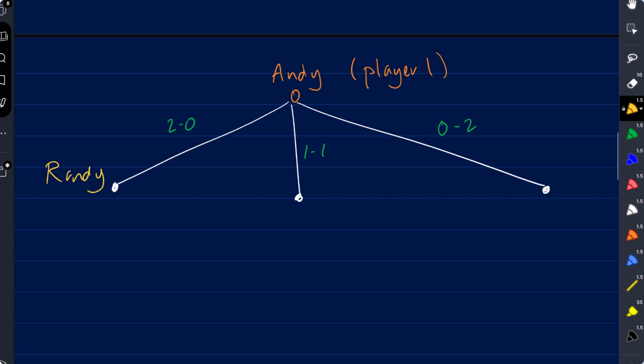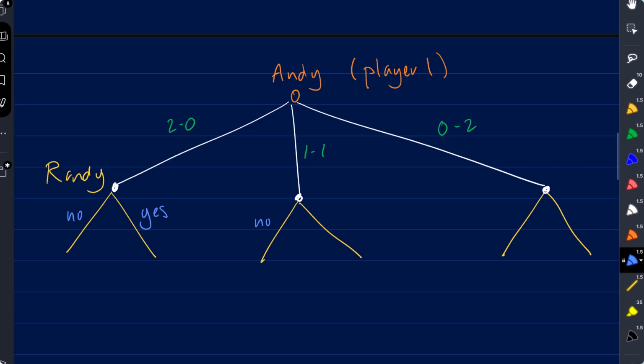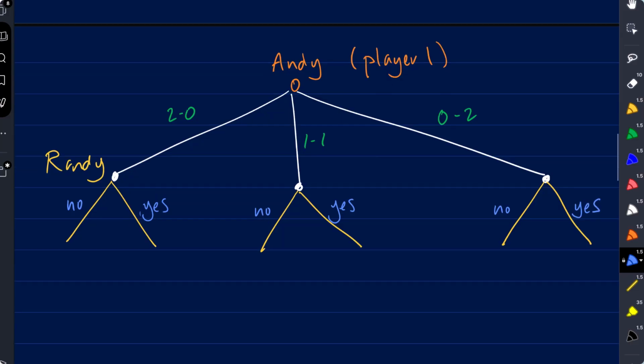Then after Andy has acted, Randy gets to make a decision. Randy's going to choose yes or no after Andy plays his strategy.